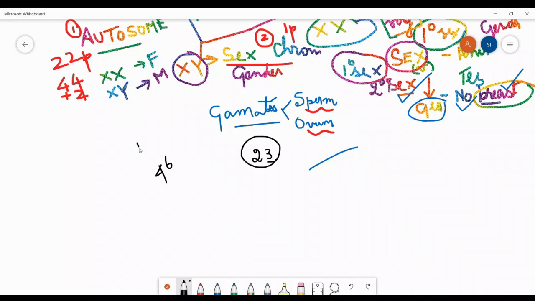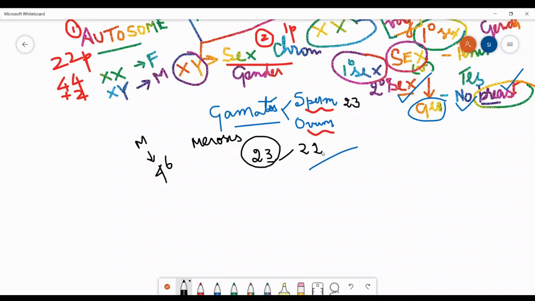During mitosis in cell division, we get 46 chromosomes in every cell. And gametes have an extra special process called meiosis. And because of meiosis, the sperm and ovum have only 23 chromosomes.